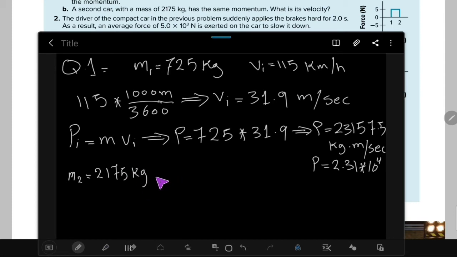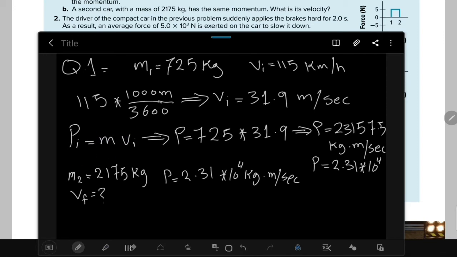The question says it has the same momentum, so we will use this momentum. So P equal to 2.31 times 10 to the power 4 kilogram meter over second. What is its velocity? We need to calculate the velocity, which is v final.